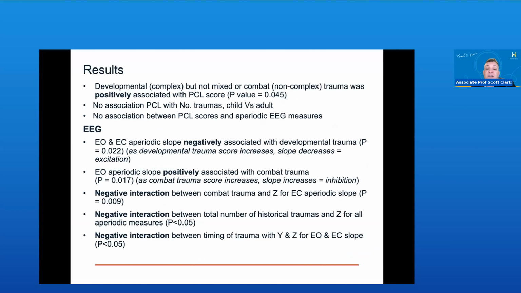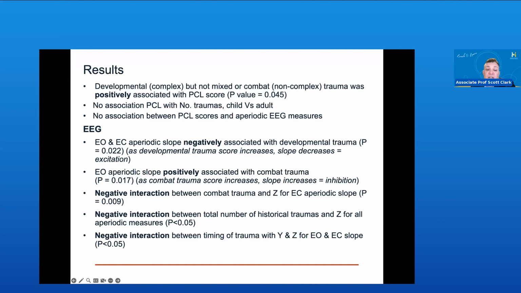But we didn't find any association between PCL and the number of traumas or the timing of the trauma, and we didn't find any relationship of the PCL with EEG measures. Here, as we said previously, it potentially reflects some bias in reporting. People aren't reporting trauma accurately, particularly if the number of traumas and the type of trauma is not directly related.